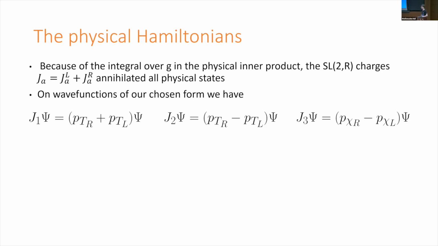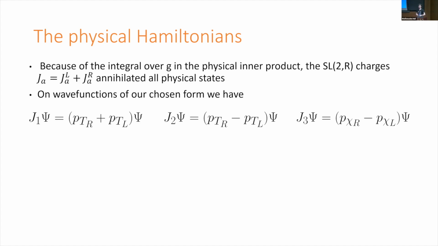So on any physical state psi, which you can take to have this form, the action of J1 is given by the sum of momentum operators on the left and right. J2 is given by a difference. J3 is the difference between two chi's.